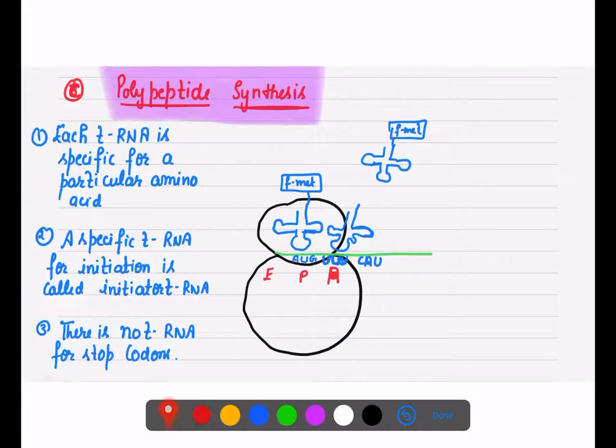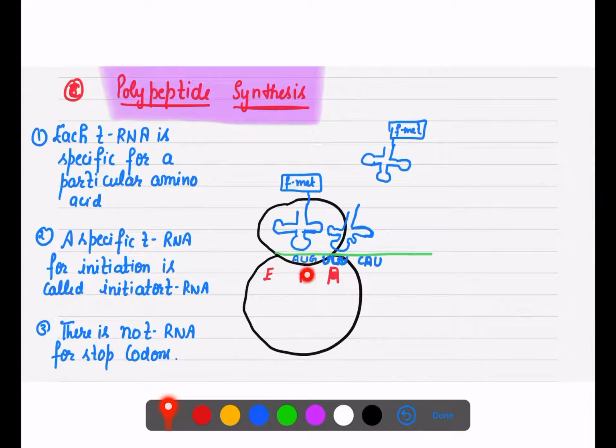So here, as you can see, this methionine, this initiator tRNA, will be received at the P site. On the P site there is the code AUG. Then there are other amino acids, UUU. For UUU there will be this amino acid. Then another amino acid is present further on the mRNA, so that will further join together.